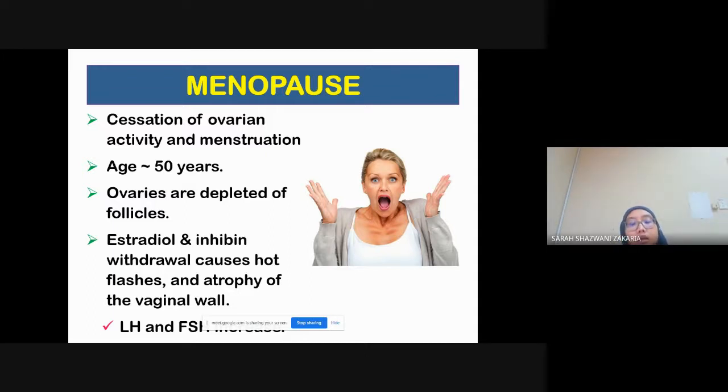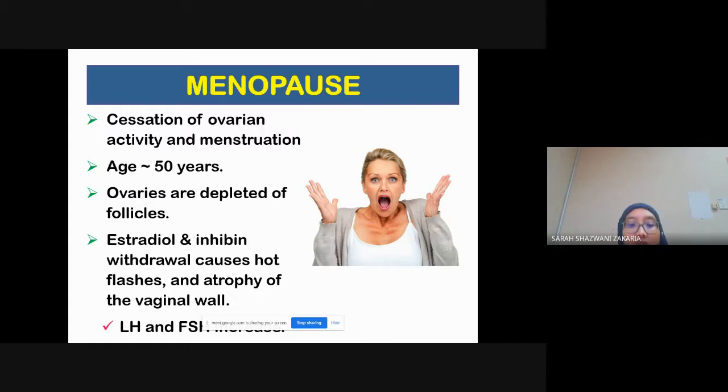So without follicle cells, no more estradiol secretion, right? So that withdrawal of estradiol, or the very low concentration of estrogen, will cause this menopause symptom here.